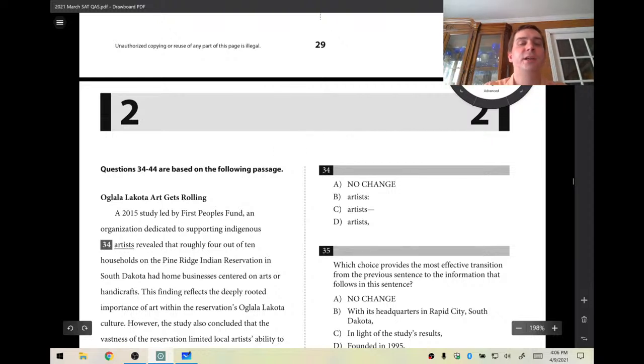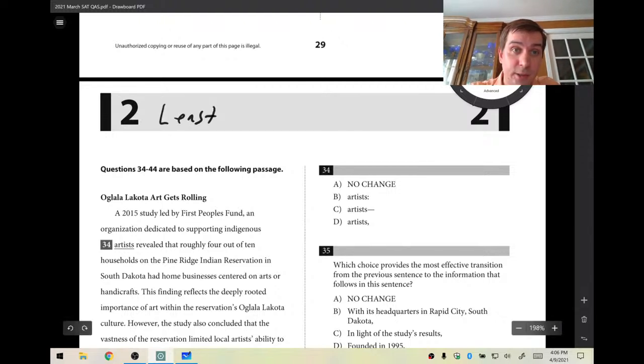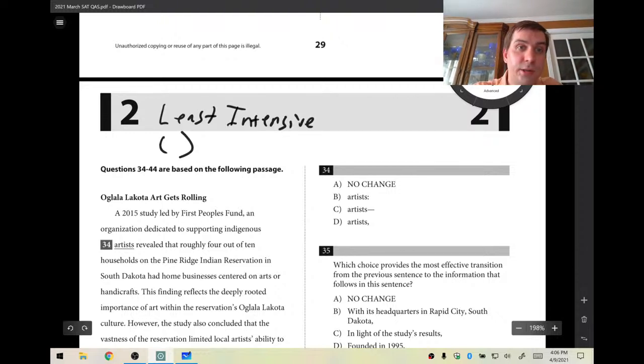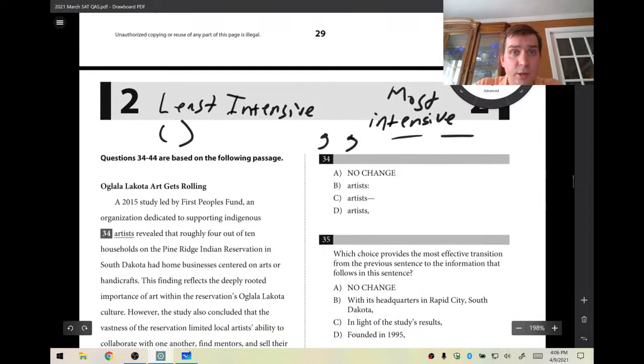We can offset parenthetical information in 3 ways in English: parentheses, commas, or those dashes. This is most intensive. All right, so this is actually one of those questions.